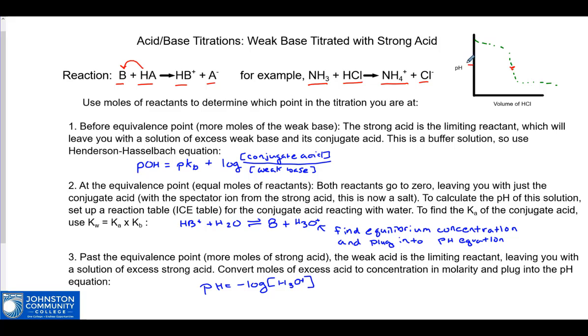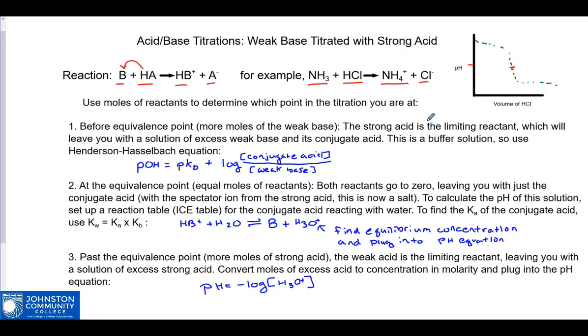So to determine where you are, you're first going to take whatever information you're given and convert it to moles. If you have more moles of your weak base, then that means you haven't yet reached the point where you have equal moles of acid and base, and you are before the equivalence point.